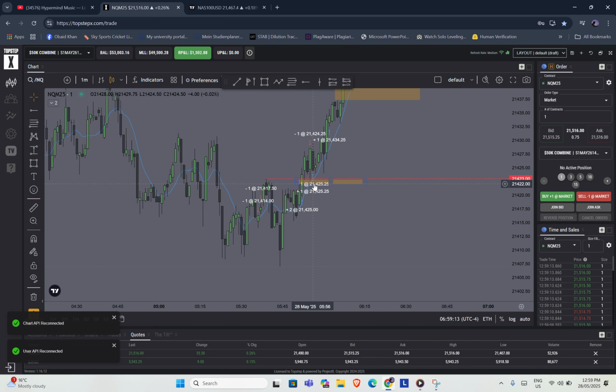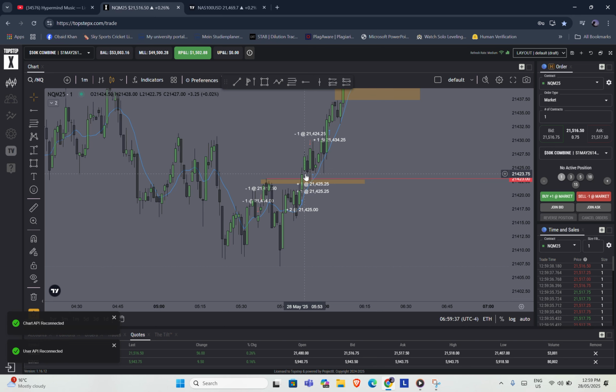Why? Because it respected this specific fair value gap. And on this fair value gap, there is this liquidity which was taken out before. If it had moved beyond this fair value gap and made a candle right below it, then my plans and my execution might have been different.